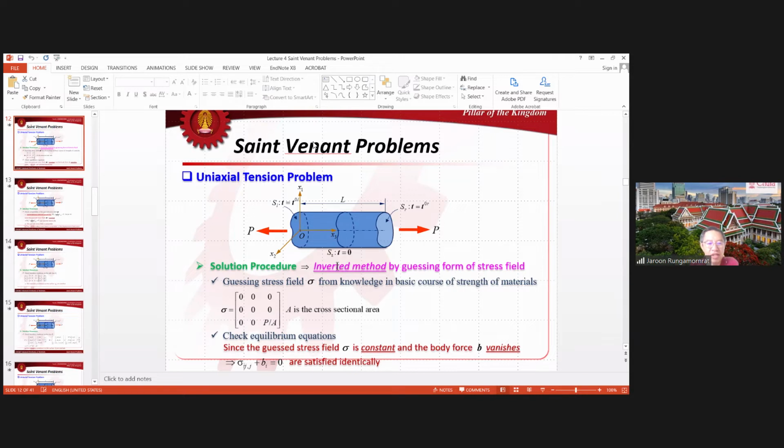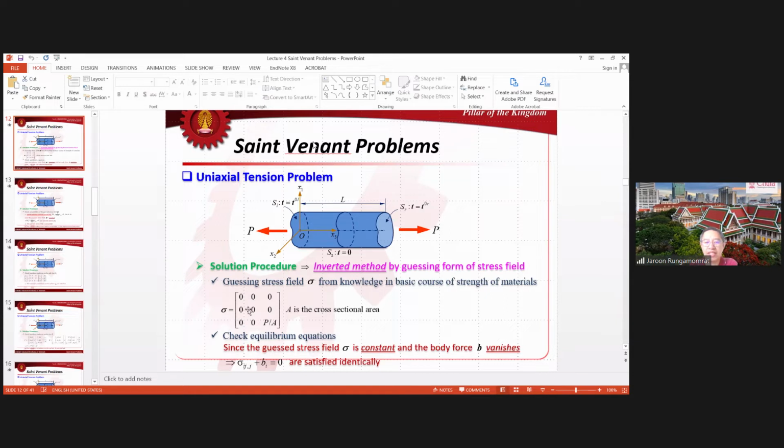Okay, so once we guess the form for the stress field, we then check the equilibrium condition. And we found that the equilibrium equation is satisfied automatically, right?